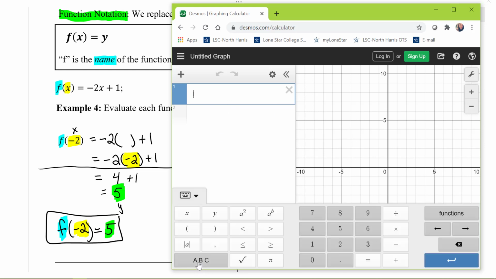We can type into this calculator using the keyboard. I can type in -2 in parentheses, and then on the outside of that, +1. It tells me that that simplifies to +5. Okay, you are welcome to use Desmos. I highly encourage you to plug values into Desmos and let Desmos do a lot of the order of operations work for you.